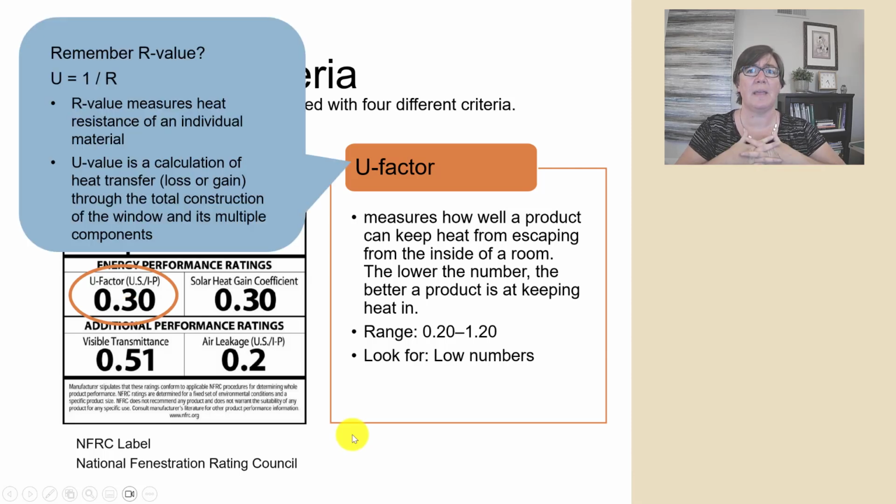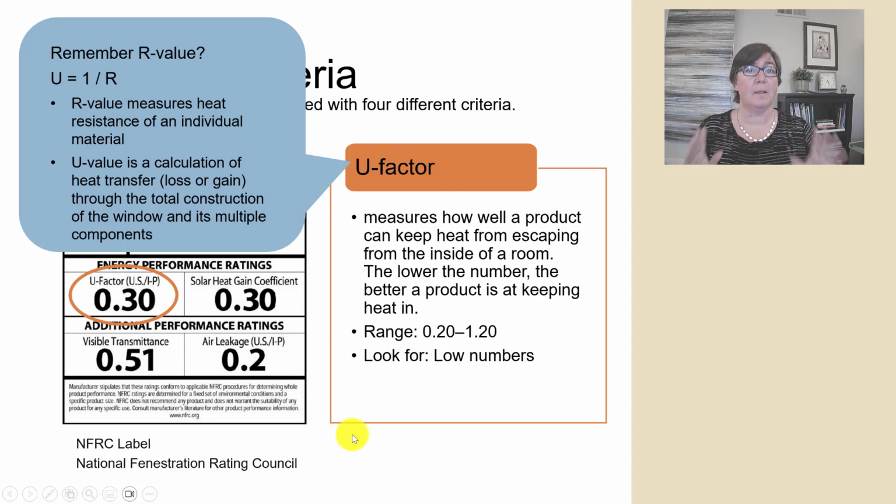Now, you might be thinking, what about R value? We just learned that R value relates to the heat transfer through a material. It turns out that R value is specific to an individual material, whereas a window is an assembly of multiple different materials. We've got glass, we've got frame, we've got different components.